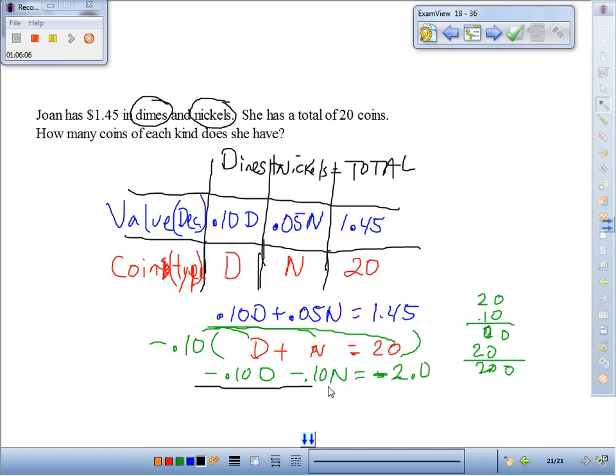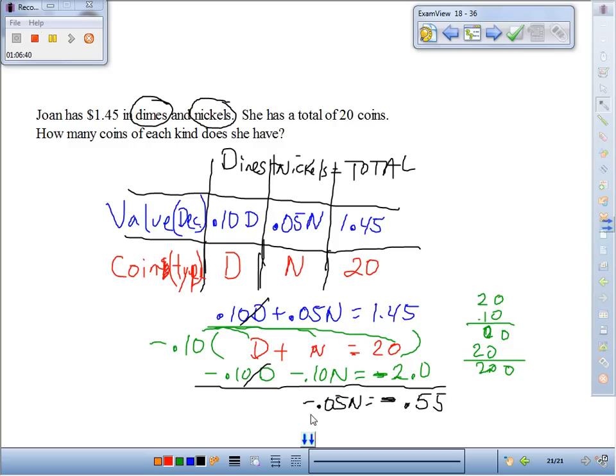Yes. 10 minus 10 eliminates. What is 0.05 minus 0.10? Negative 0.05N equals. You have $1.45, but you owe $2. How much more do you owe? Very good, 0.55. If you don't see it, you need to write them and do the subtraction.